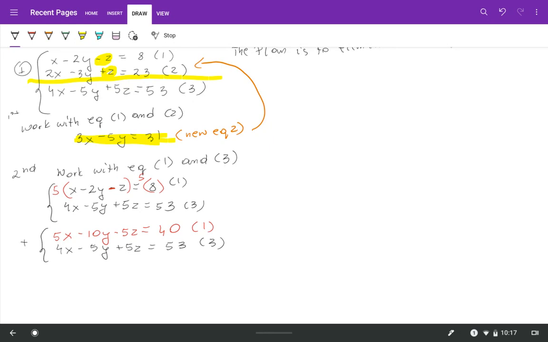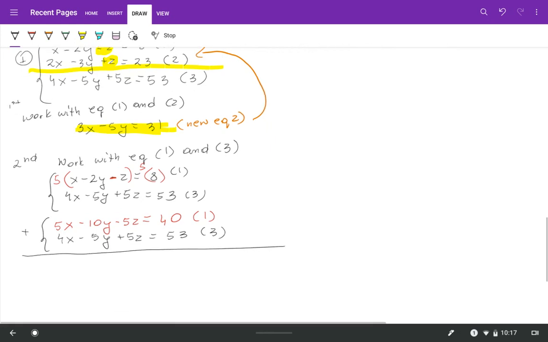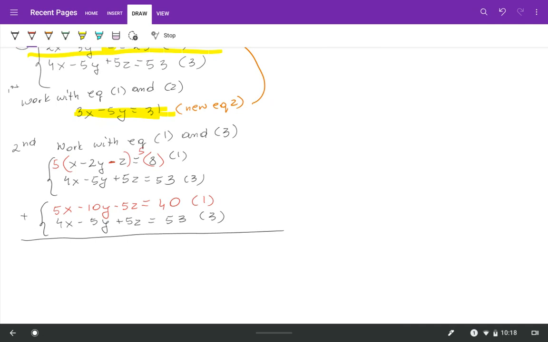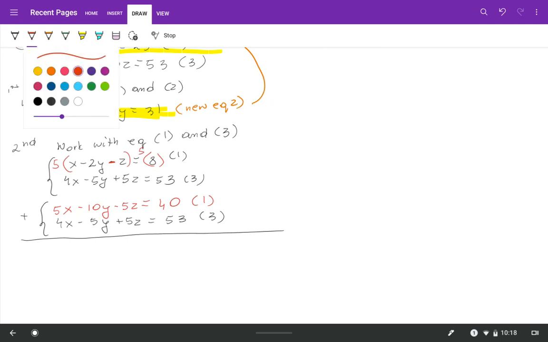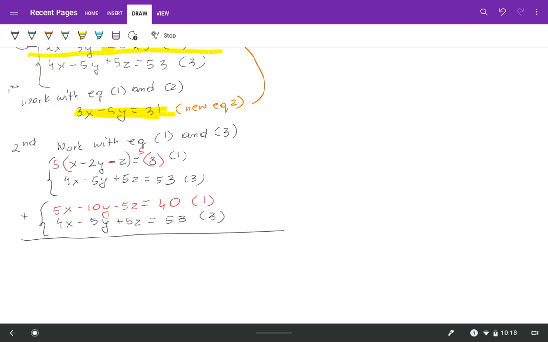In the elimination method, let's add them together, and that will give us 9x minus 15y, z cancels, and we have here 40 plus 53, this is 93. And this is new equation 3.